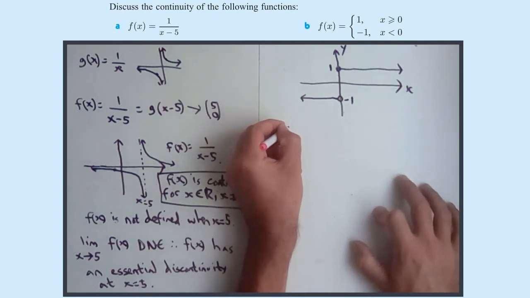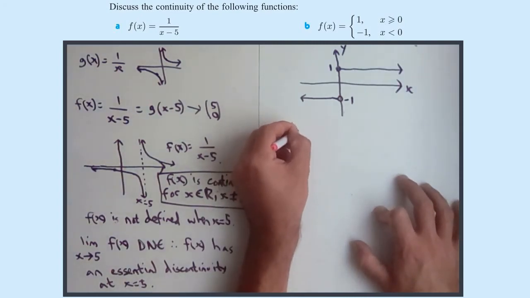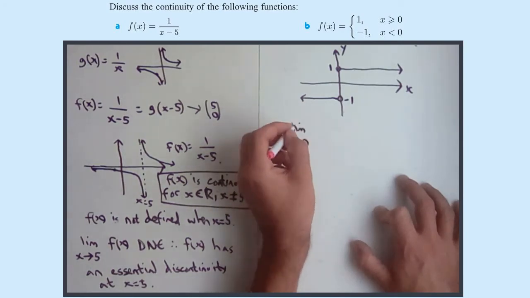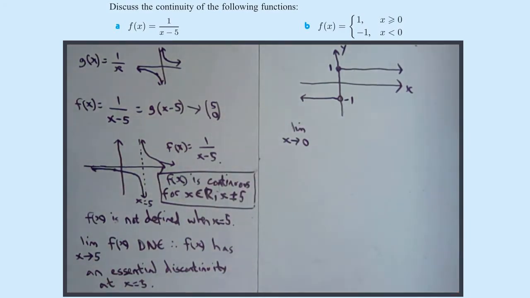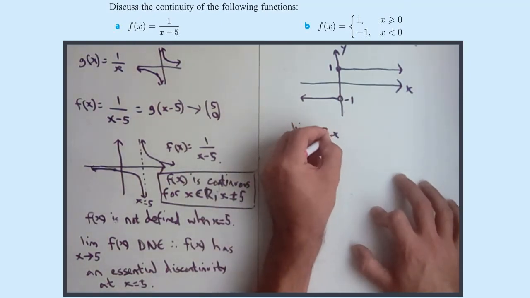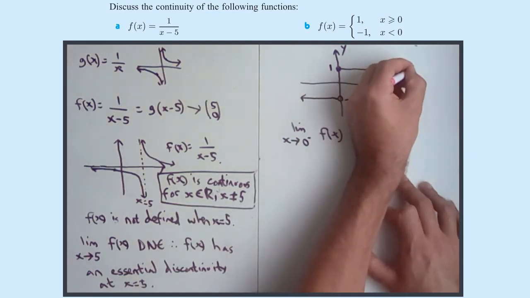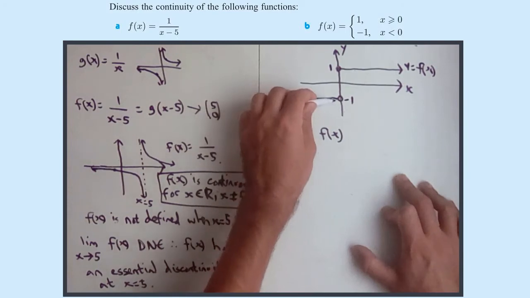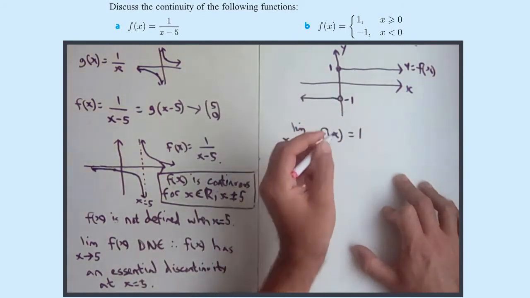So if we just look at the limit as x approaches 0, let's have a look from both sides. The limit as x approaches 0 from the left hand side of f of x: you can see we approach 0 this way, it's clearly minus 1.